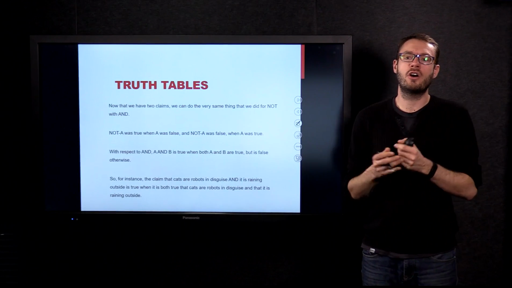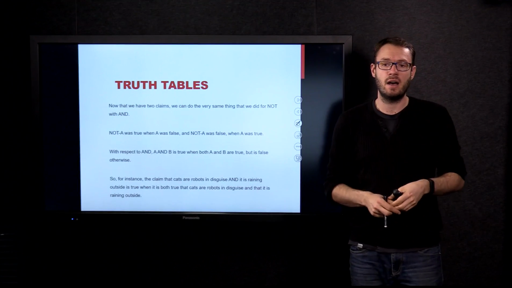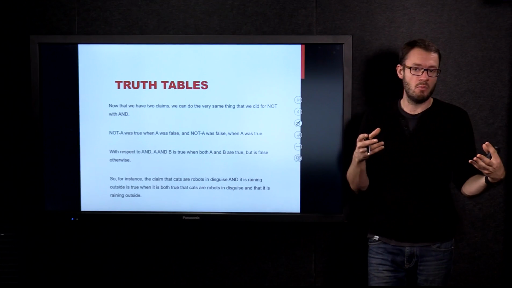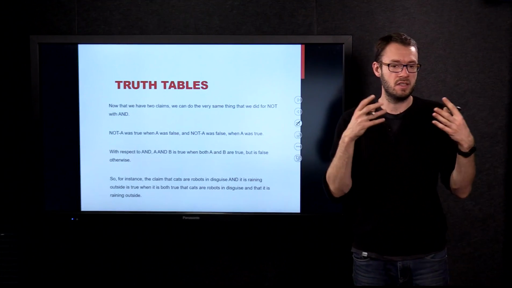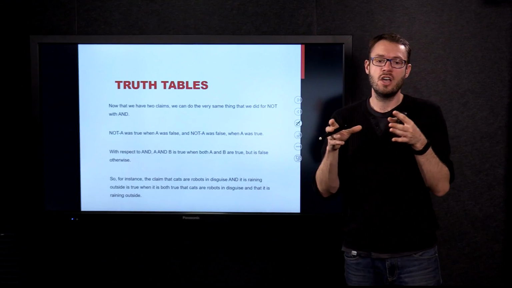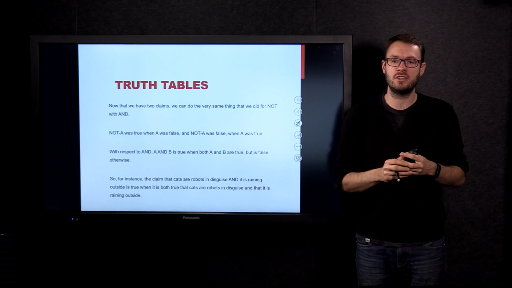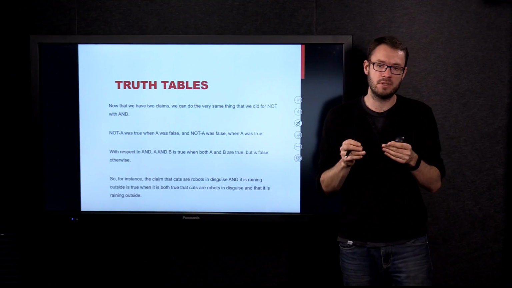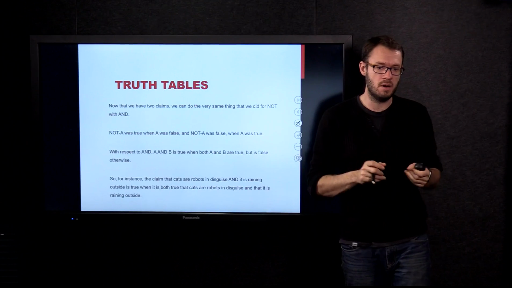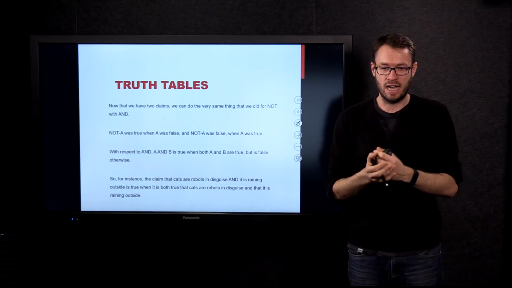Okay, so now that we've got our basic possibility matrix set up for our basic propositions, we've got 2 propositions, we've got these 4 lines, what we can do is start to do the same for the other compound propositions that we have in our language. So our compound propositions involve things like and, or, the conditional and the biconditional, the if-then and the double arrow.